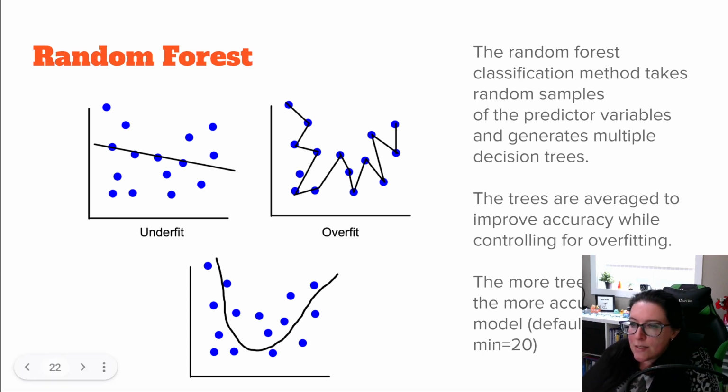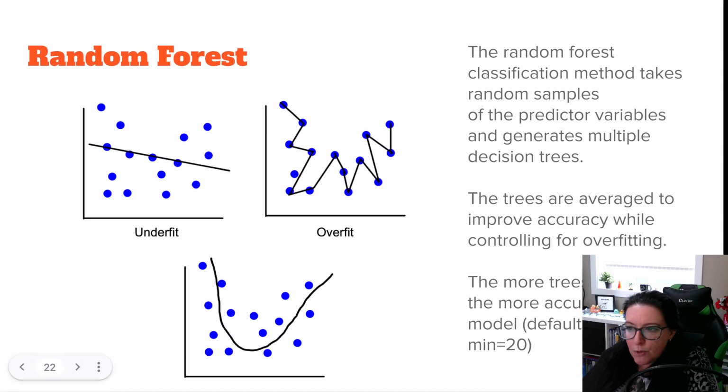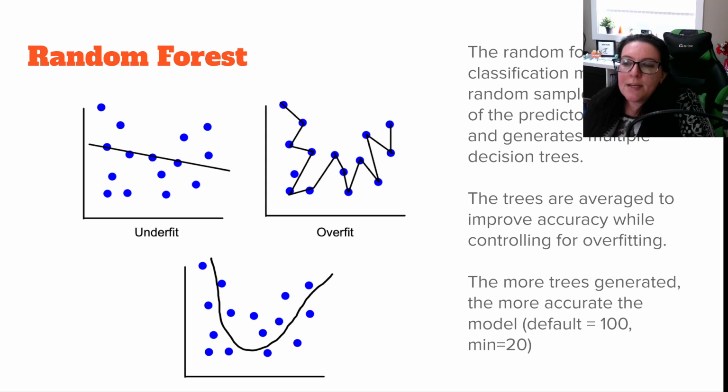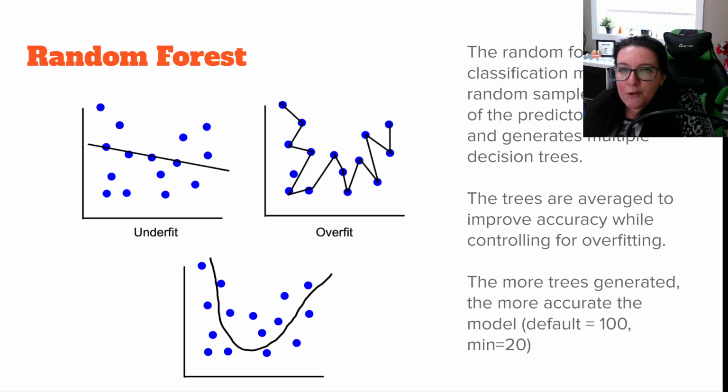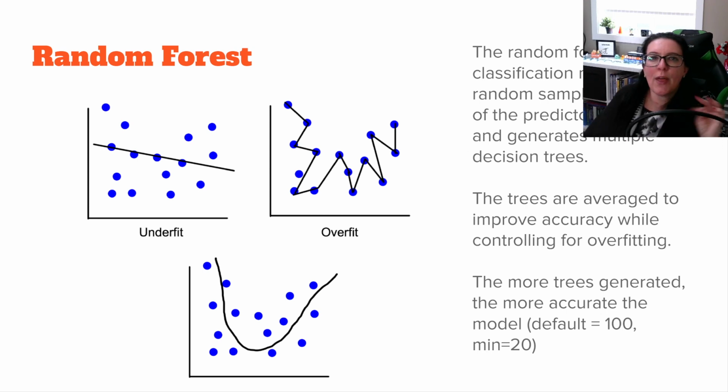Now, if you leave it to the model built in Python by itself, the default is 100 in terms of the number of decision trees it averages together. If you want to manipulate that, which you totally can, studies show that you need to have at least 20 decision trees, but that the gain in accuracy after 20 is quite minimal.